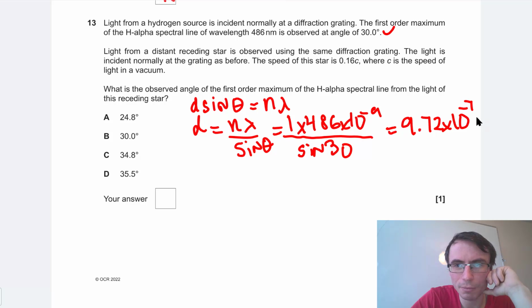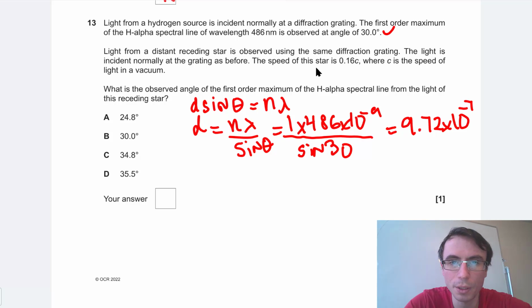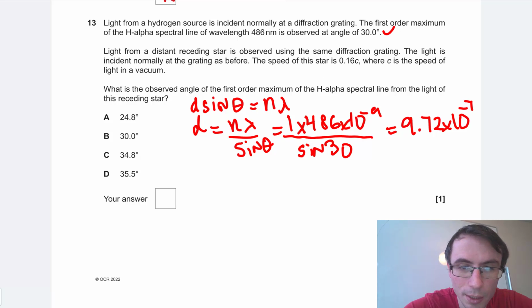Okay, so I have a feeling we'll probably have to use a distant receding star. So I'm going to use the Doppler effect equation, and that is that delta lambda over lambda is equal to V over C.